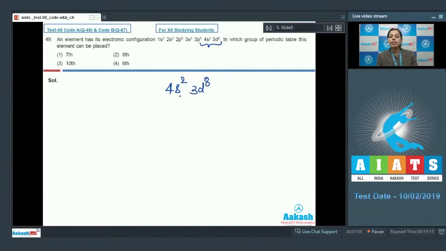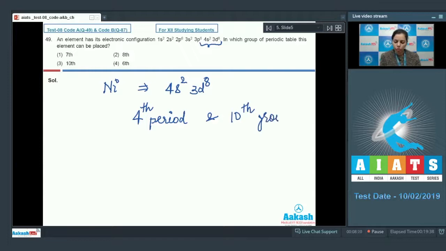It means the valence electrons are present in 4s2 and then 3d8. This is the configuration of the element nickel, atomic number 28, and it is present in the 4th period and 10th group.